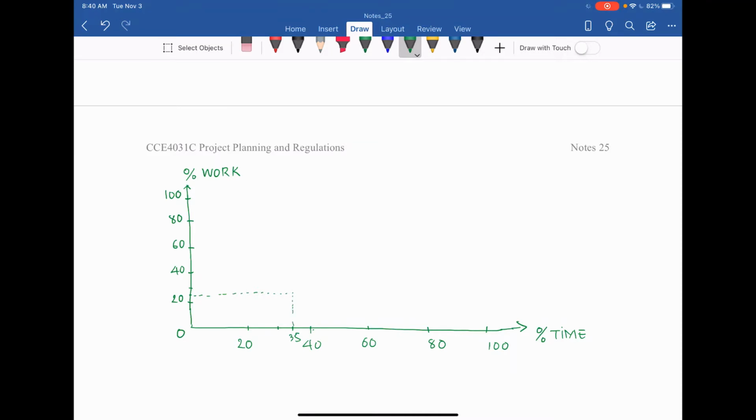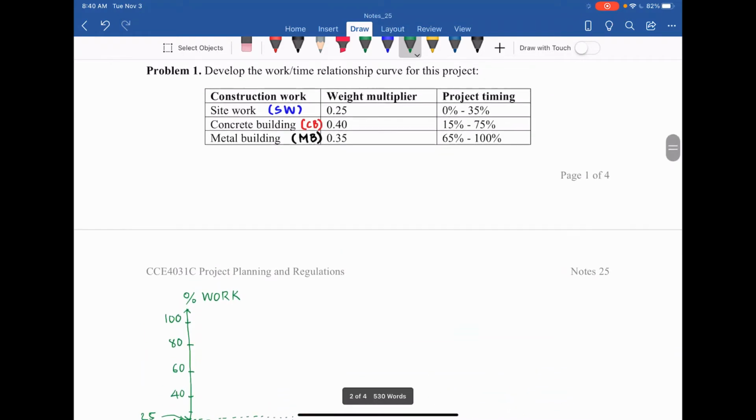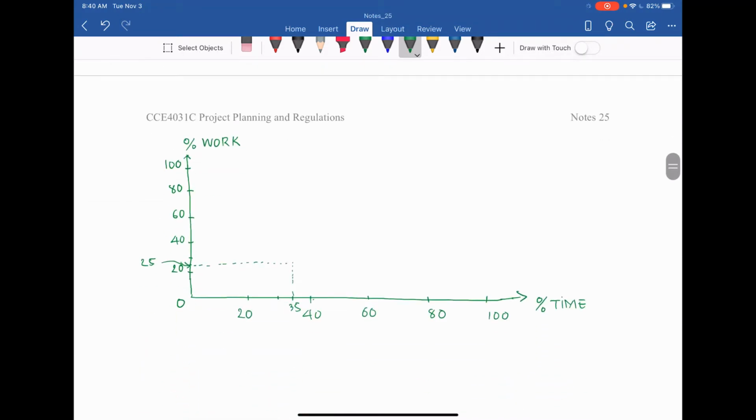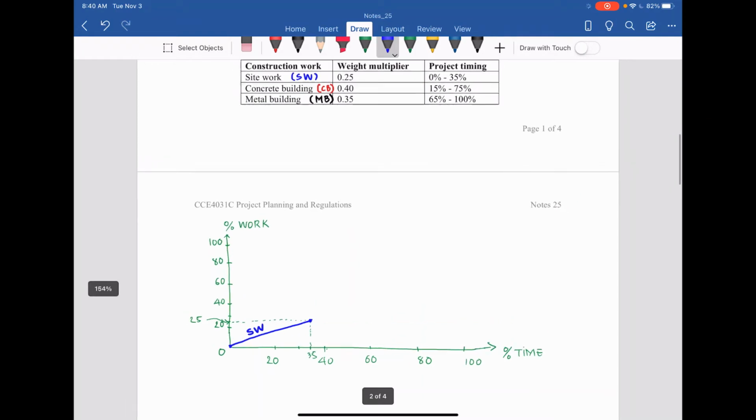Then we draw the line for site work from 0, starting with effort 0, to the end, completing at percent time 35 and percent work 25%. You can draw a straight line, assuming it is linear, and that is the site work, SW.